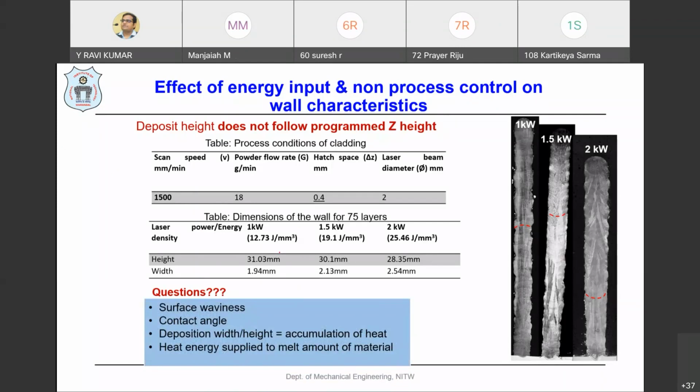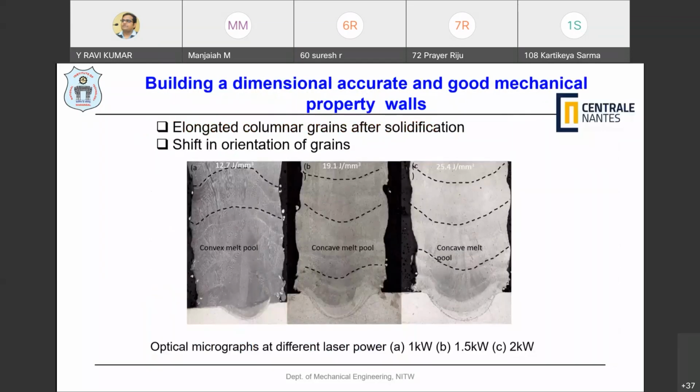That heat energy is supplied to the melt pool. That's why when we are making the fabrication of the process, these kind of defects are going to occur in the fabricated part. If you're not optimizing the laser energy density, these kind of defects, even metallurgical defects like the convex melt profile, when we are having less amount of energy density, the elongated columnar structures, and as well as the shift in the orientation of grains, even the direction of orientation from inward to outward is going to take place here.